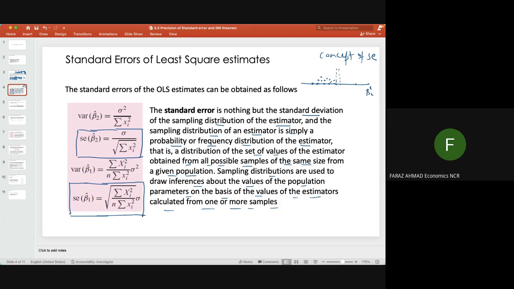There are many betas taking this value, and you'll have a distribution like this, and there will be one value that would be occurring most. Some values of beta 2 would be close to the mean. It will be some sort of normal distribution, and you'll get something like this.